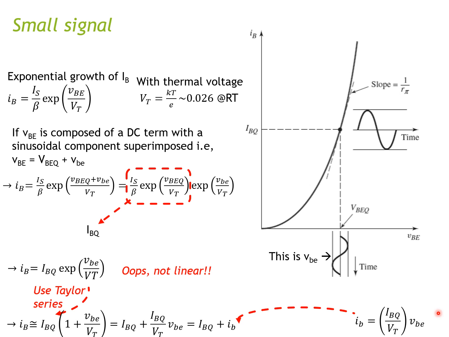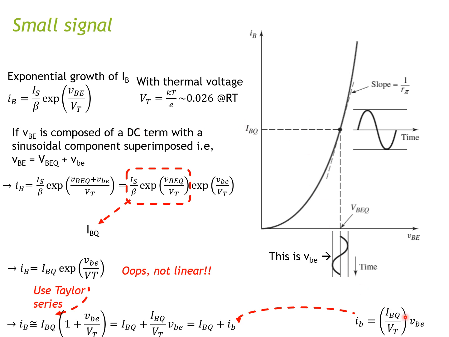As a general rule of thumb, okay, if vbe is less than 10 millivolt, the exponential relation given by this equation, so that estimation will be approximately correct within 10%.